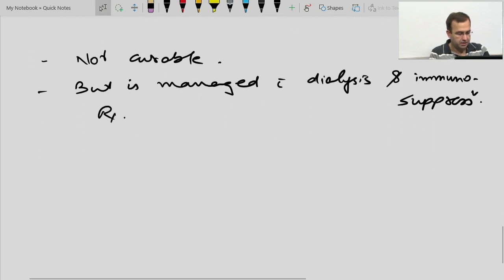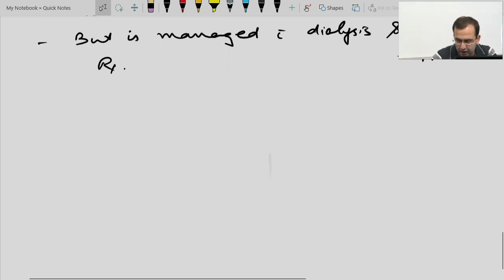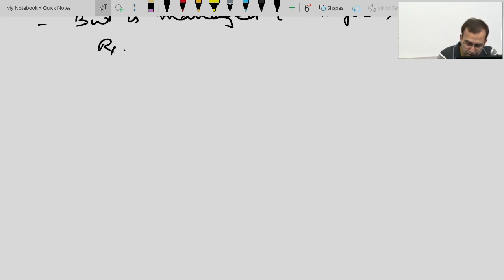This is Heymann's nephritis. So the important point here was it is a membranous glomerulonephritis. The antigen is a 330 kilodalton protein called as megalin, and the site of deposit was subepithelial.